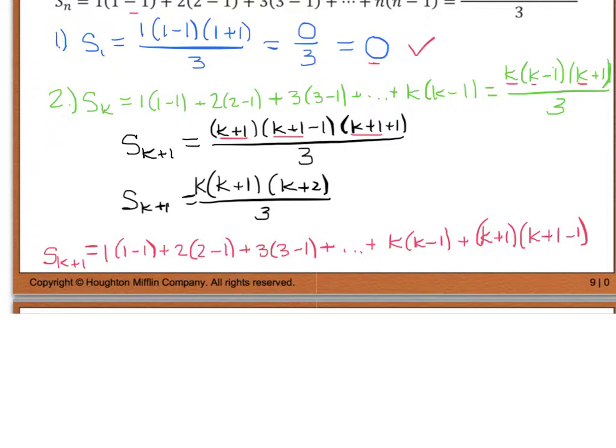So if I simplify that, we get 1 times (1 minus 1) plus 2 times (2 minus 1) plus 3 times (3 minus 1) plus, I end up with k times (k minus 1) plus (k plus 1) times k.